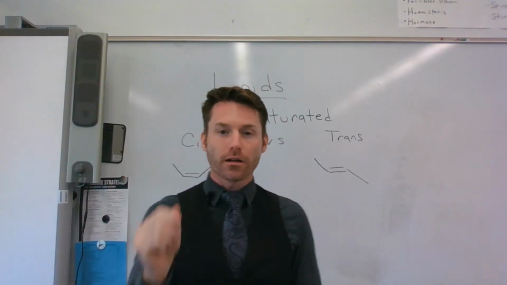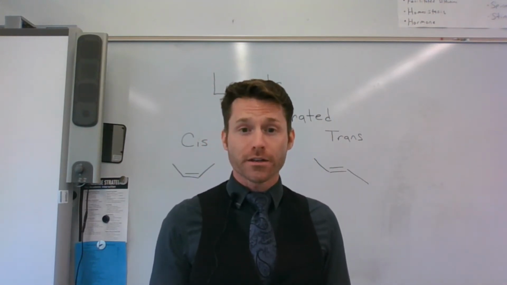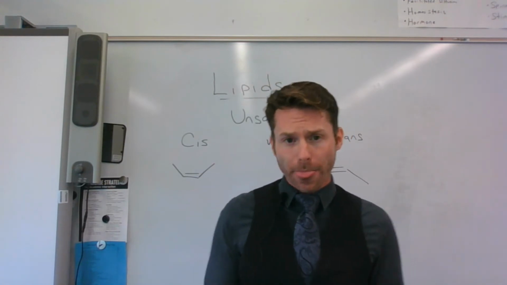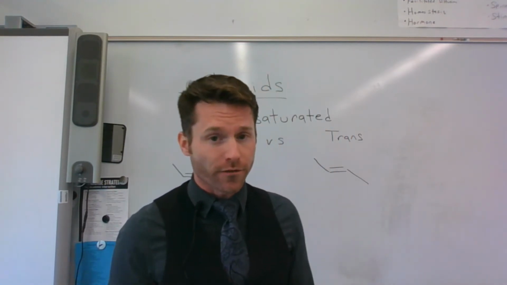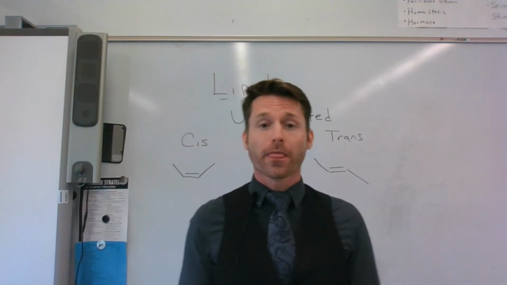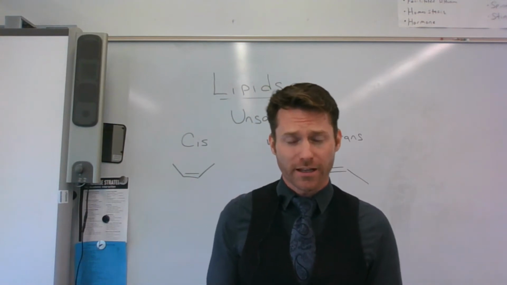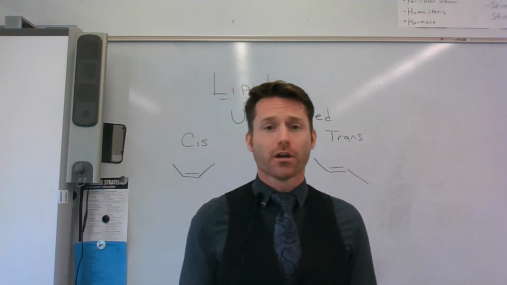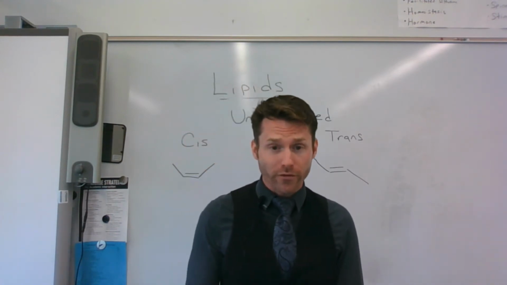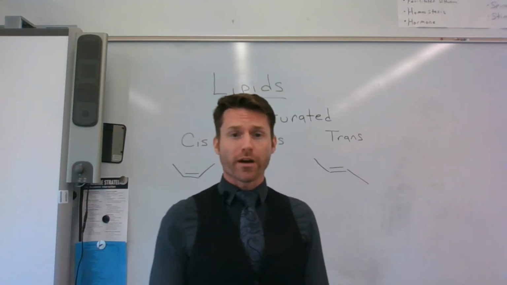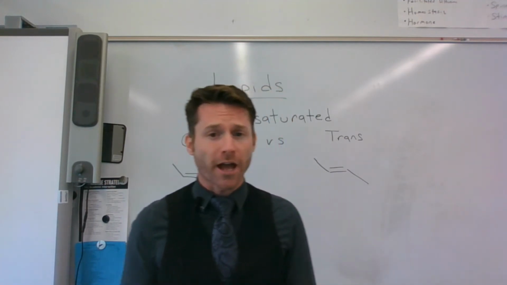So, a little bit more detail about the structure of the unsaturated fats. Now, as I said, typically speaking, natural unsaturated fats are much better for you than saturated fats. Right? They have a tendency not to build up in our arteries and give us heart attacks and such. However, there is a form of unsaturated fat that typically does not occur naturally.